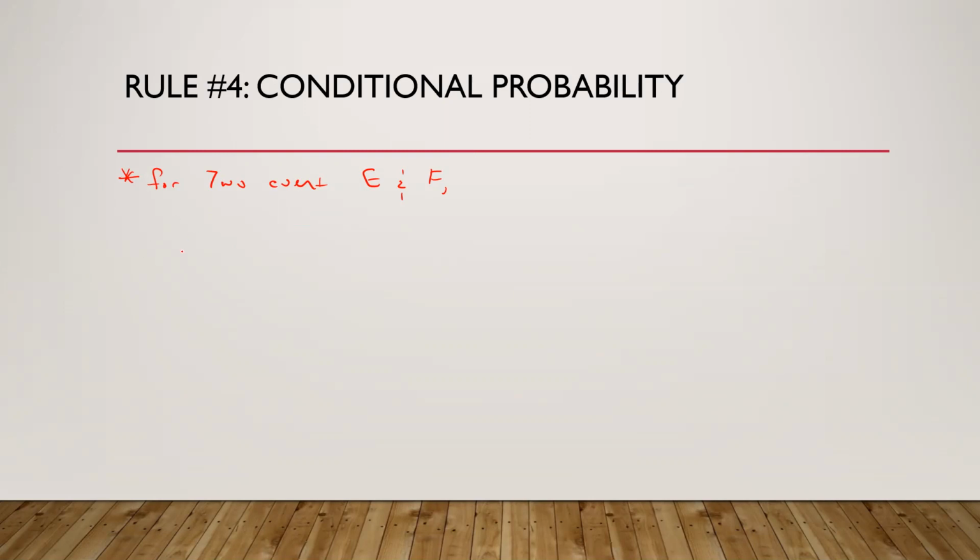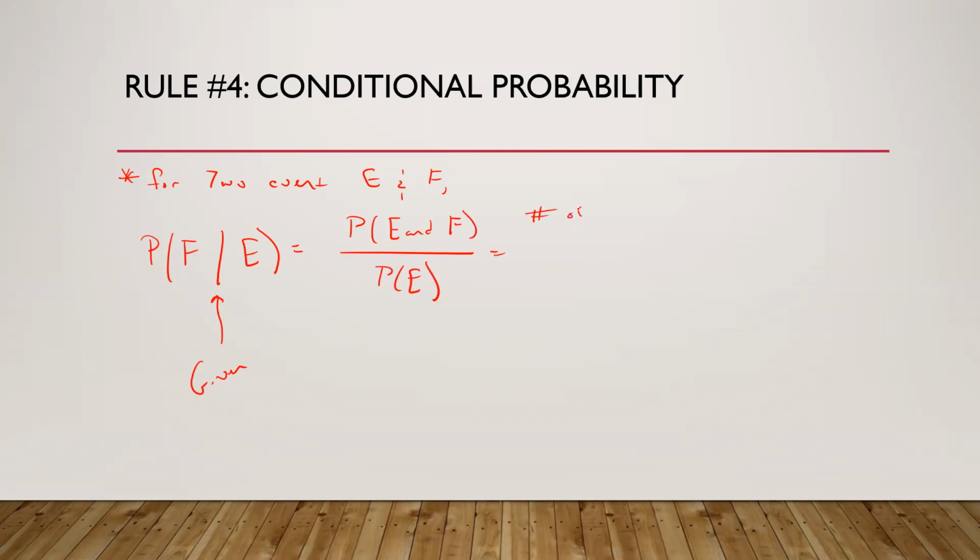So let me show you the formula and work through the example. For any two events, E and F, the probability of event F given event E, where this sign means you're given some information, is always equal to the probability that E and F can occur divided by the probability of E, or the number of ways E and F can occur divided by the number of ways E can occur.